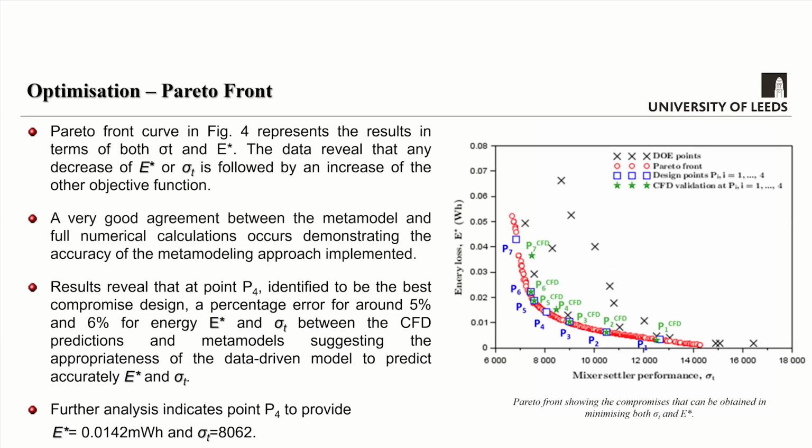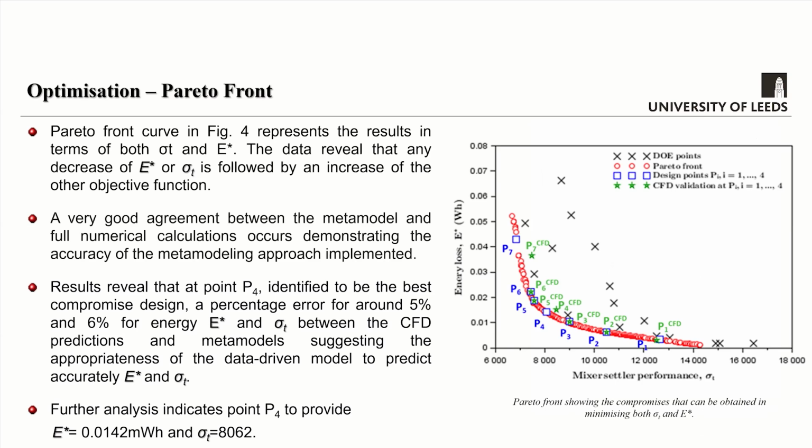So what is the idea? As I mentioned at the beginning, the idea is to have a nice Pareto front, which is very important for the design. Obviously, the process is to validate. So how do I know that? We take 7 points on the Pareto front, and we can see that the percentage error between the CFD and the prediction of the data-driven model is between 5 and 6% for the two objective functions.